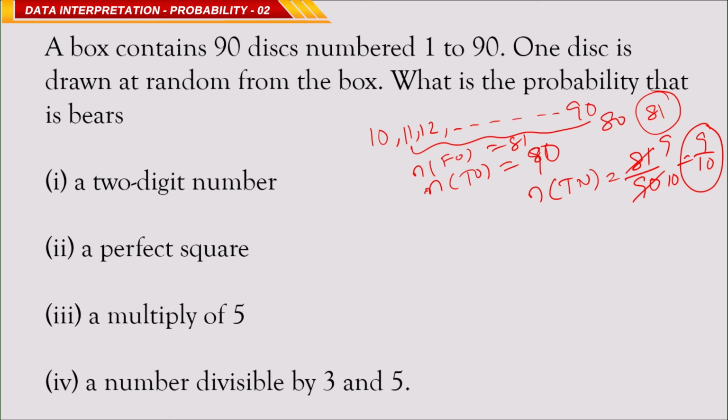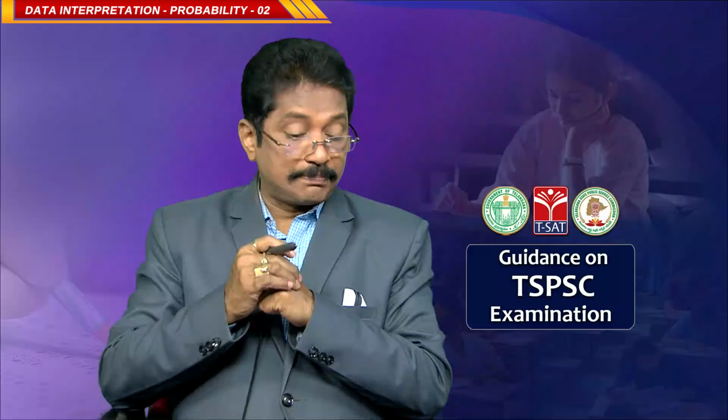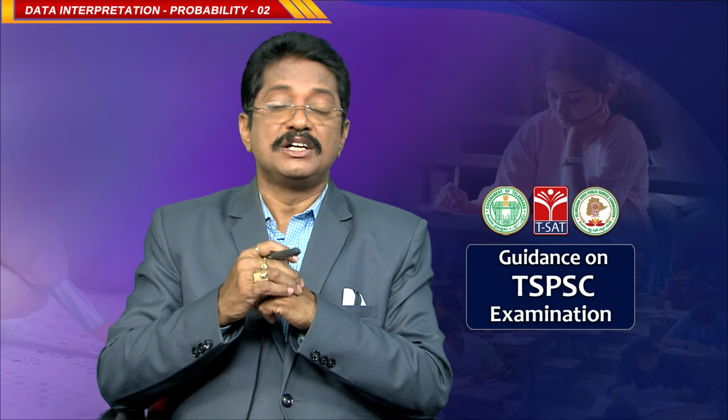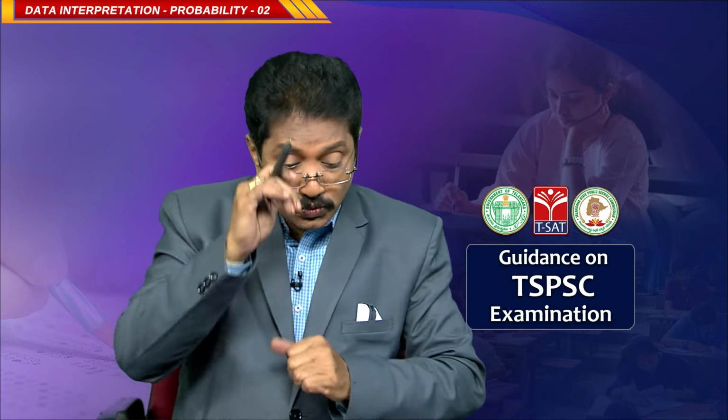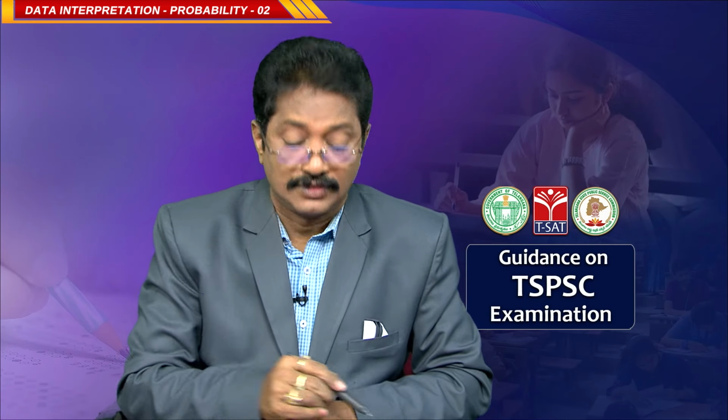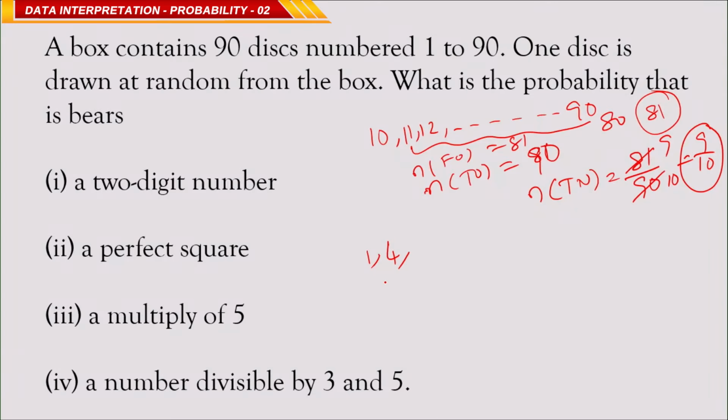Now, coming to the perfect square. When you consider perfect squares, what is the probability? How many perfect squares are here? You have to consider 1 to 90. So, 1 is a perfect square, 4 is a perfect square, 9, 16, 25, 36, 49, 64, and 81 are perfect squares, because you have to consider up to 90.